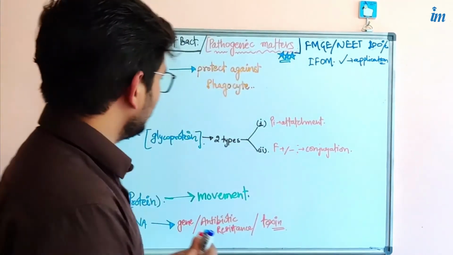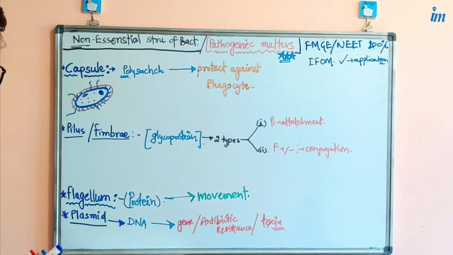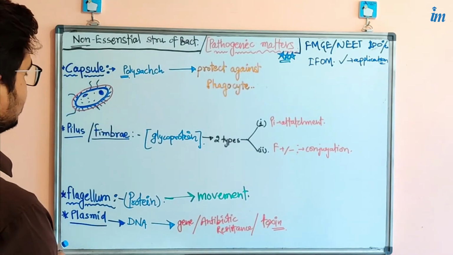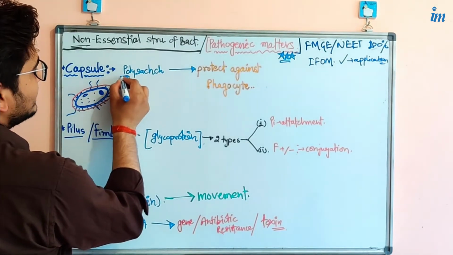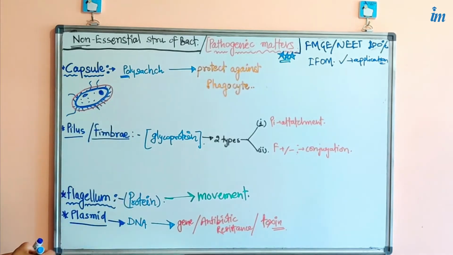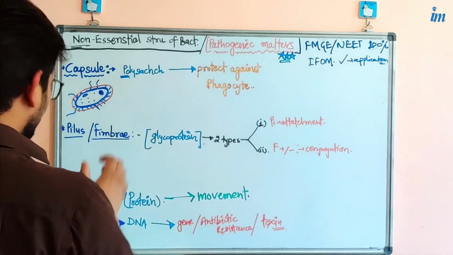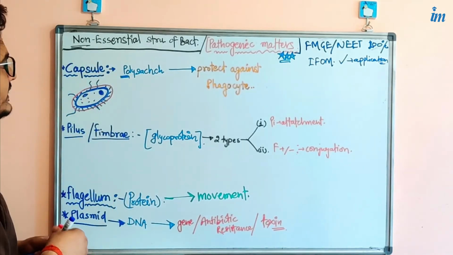Here the capsule is composed of a polysaccharide. Polysaccharide in biochemistry, Dr. Rishabh has told you about that. Just briefly, polysaccharide is a carbohydrate where carbon, hydrogen and oxygen are in specific combinations, and they are found in almost all kinds of living organisms on the earth. From the exam point of view, you need to remember only this word, polysaccharide.